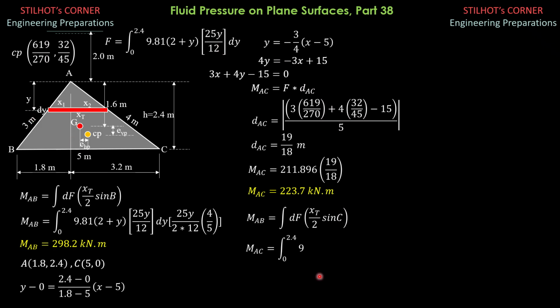So MAC equals the integral from 0 to 2.4 of 9.81, 2 plus y, 25y over 12 dy, then times xt again, which is 25y over 12, then divided by 2, sine of angle C, opposite over hypotenuse, 3 over 5. So using your high-tech calculator, MAC is the same as that, 223.7 kilonewton meter. So that's it for this video.